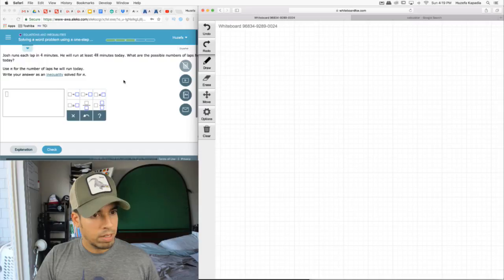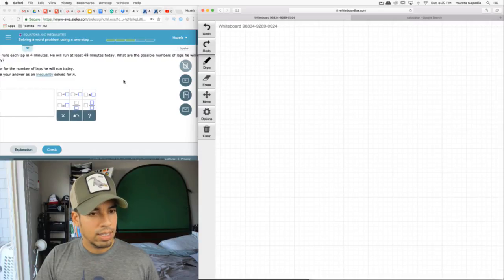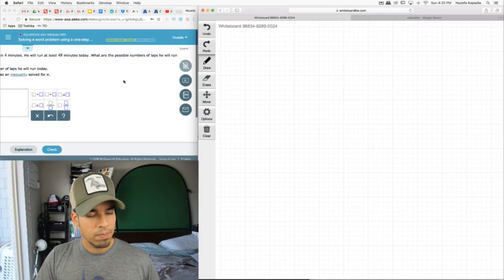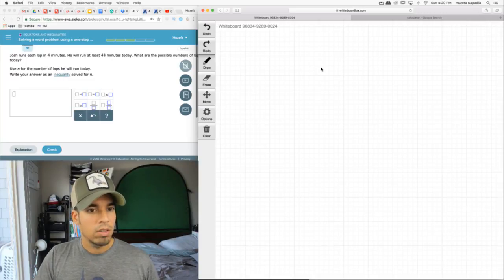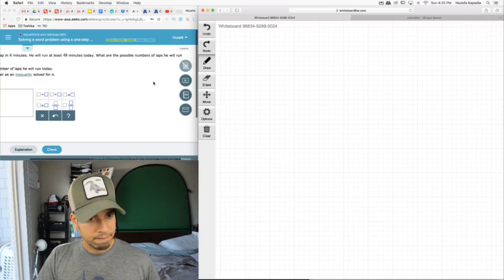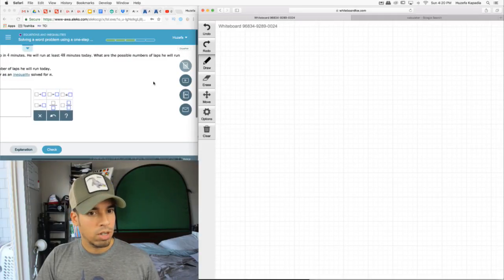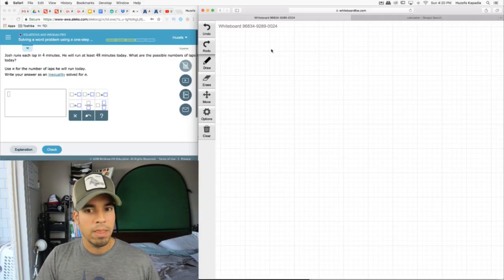Josh runs each lap in 4 minutes. He will run at least 48 minutes today. What are the possible number of laps he will run? Okay. So N is the number of laps.